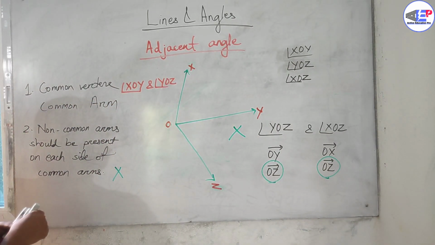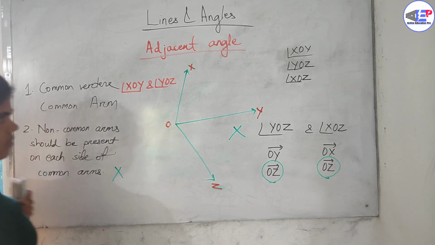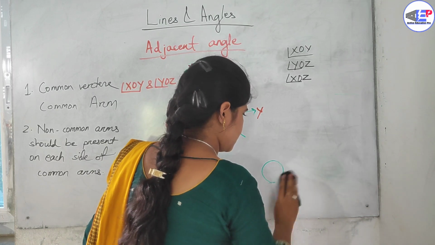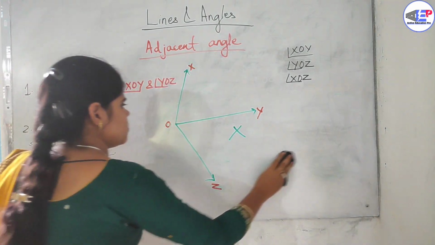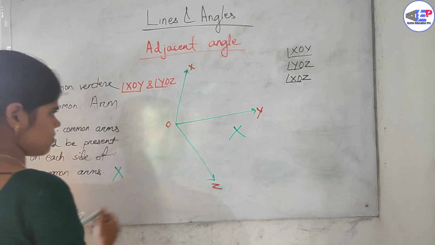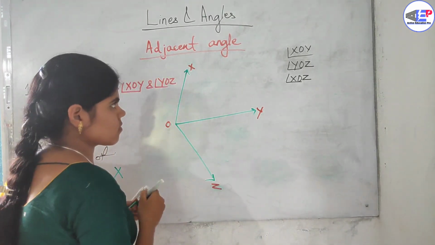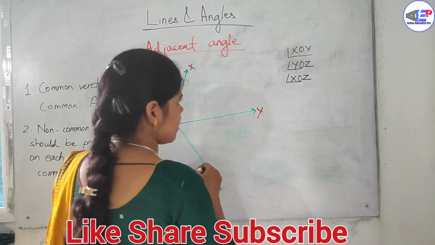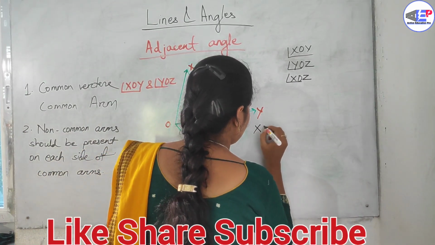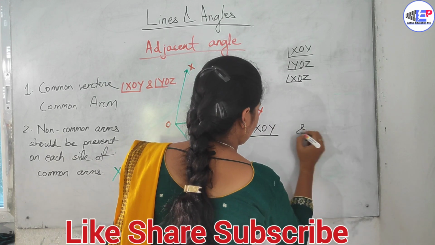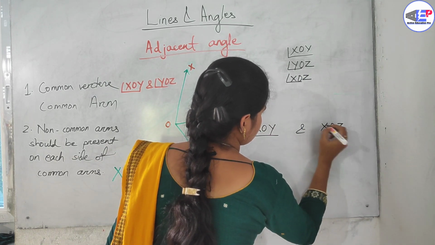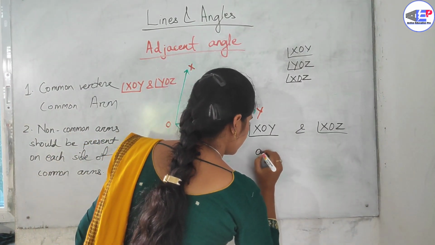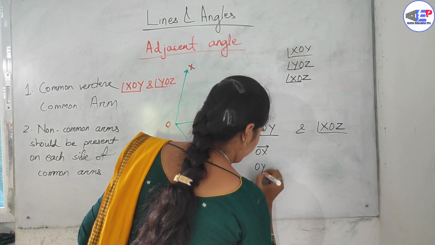So next, move to the last pair. This is XOY and XOZ. To make the angle XOY, we need OX and OY rays.